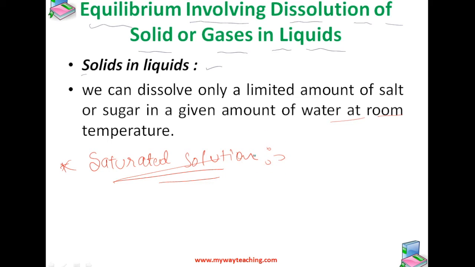We can make a thick sugar syrup solution by dissolving sugar at a higher temperature. Sugar crystals separate out when we cool the syrup to room temperature. We call it a saturated solution when no more solute can be dissolved in it at a given temperature.